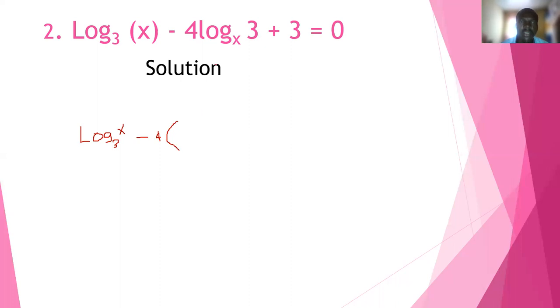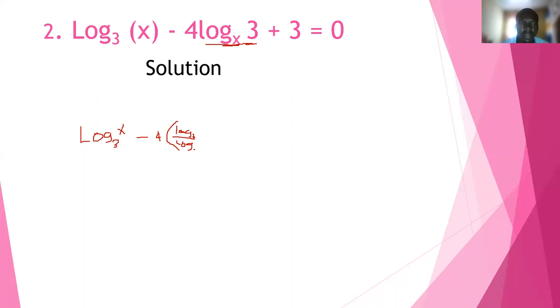Now let's change this log here to base 3. So what we do, we first write that base like this, base 3 over base 3. I mean, this one also log of base 3.